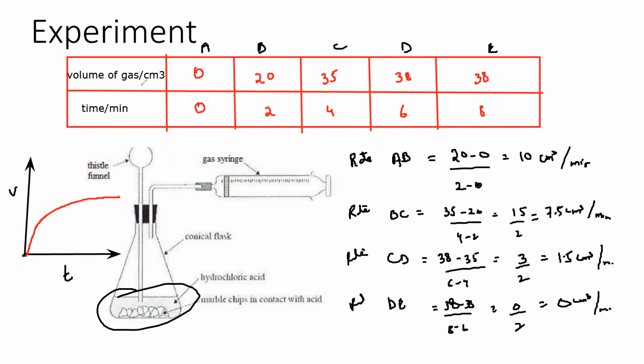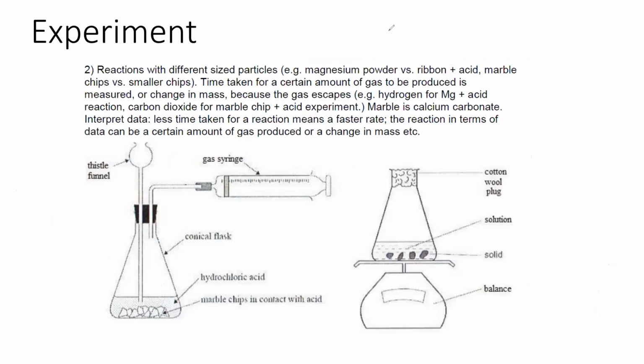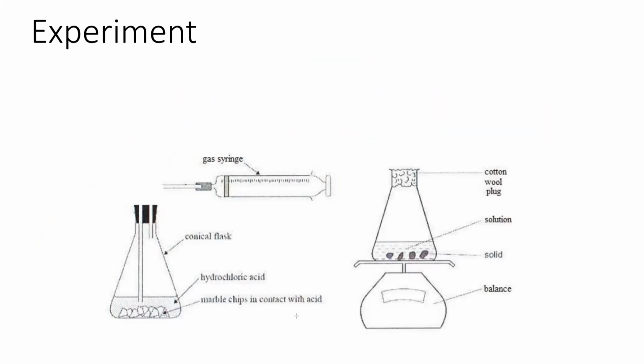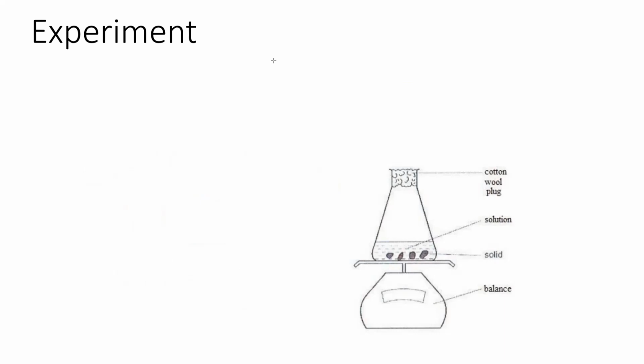Is this concept clear? The second part: how we can use the second technique to measure the rate. In the second technique, because we allow the gas to escape, the mass will decrease.